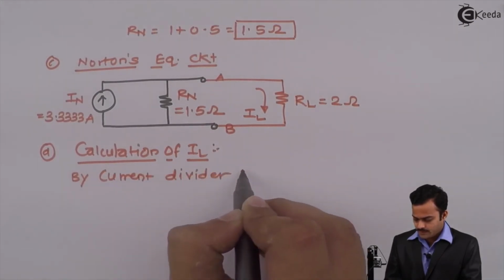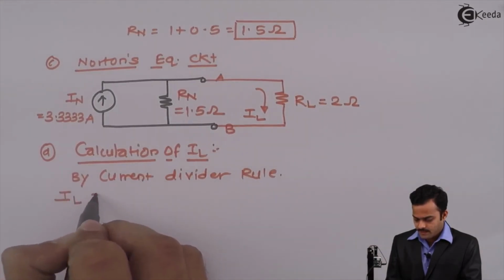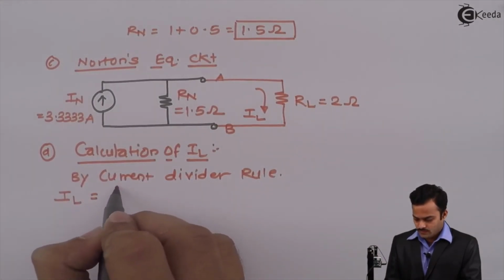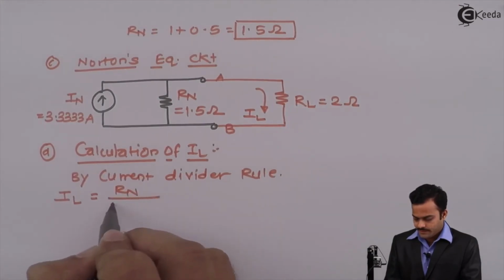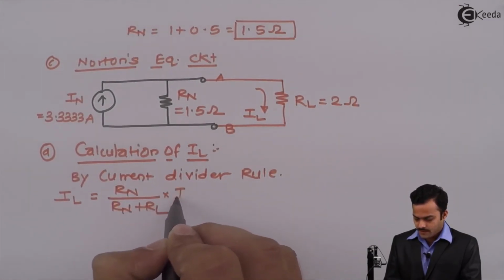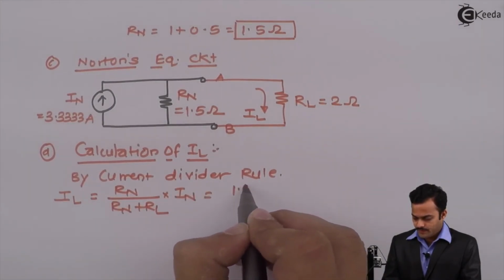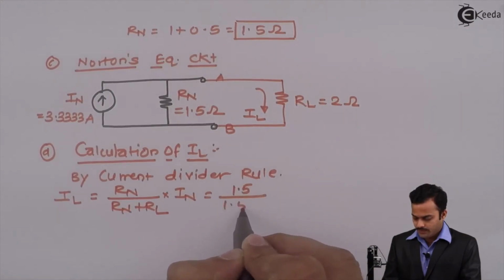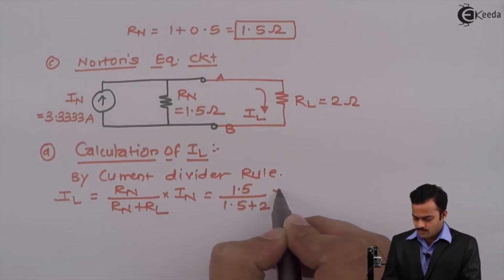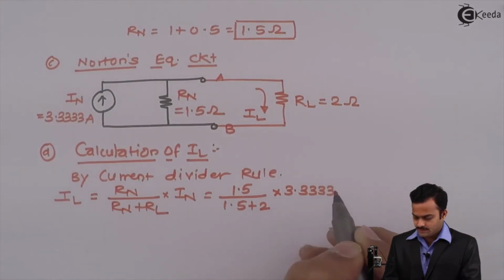So by the current divider rule, I can say IL equals RN divided by RN plus RL multiplied by IN. So it is 1.5 divided by 1.5 plus 2 multiplied by 3.3333.